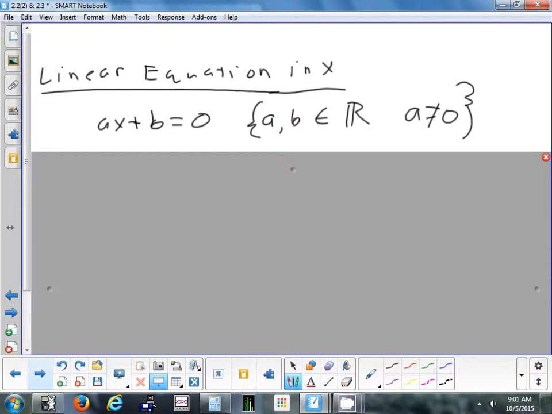Because if you make a 0, you'd have 0 times something, which is always 0. So if you make a 0, you just wipe that right out. Now you have b equals 0. That's not a linear equation. So a and b, any number you want, except a can't be 0.